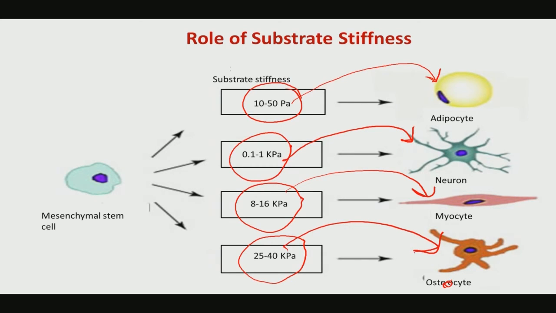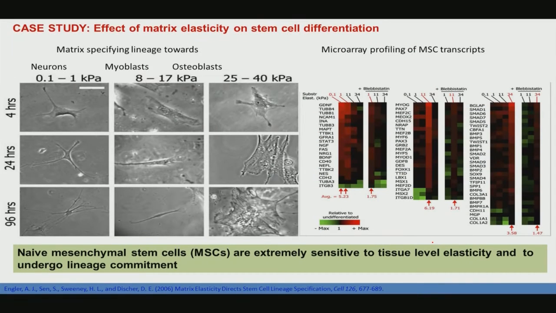So, mature bone cells. Essentially, to guide differentiation to the osteogenic lineage or to induce osteogenesis, you need a substrate stiffness much higher than what you need for neurogenic differentiation or for adipogenesis. This is very clear in this classical study.